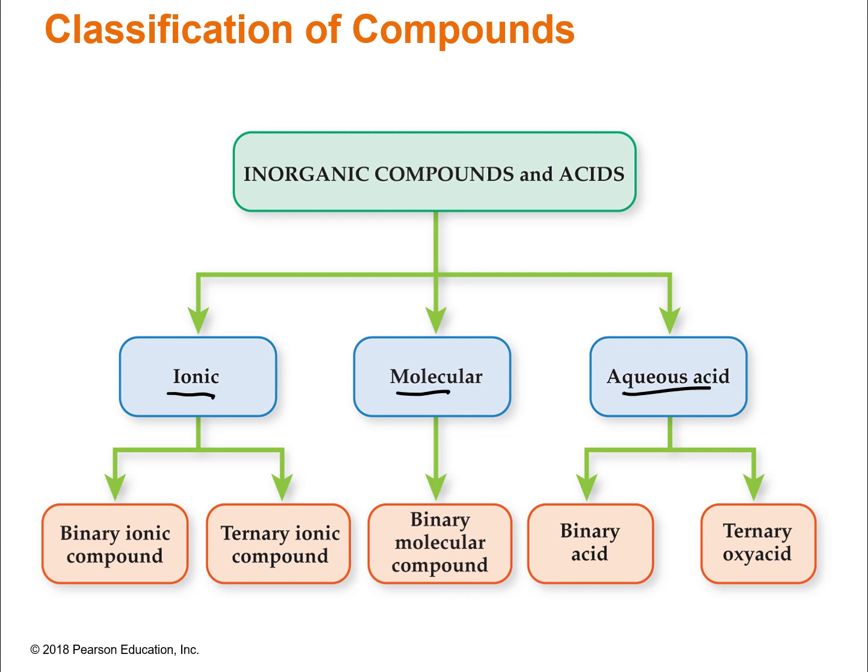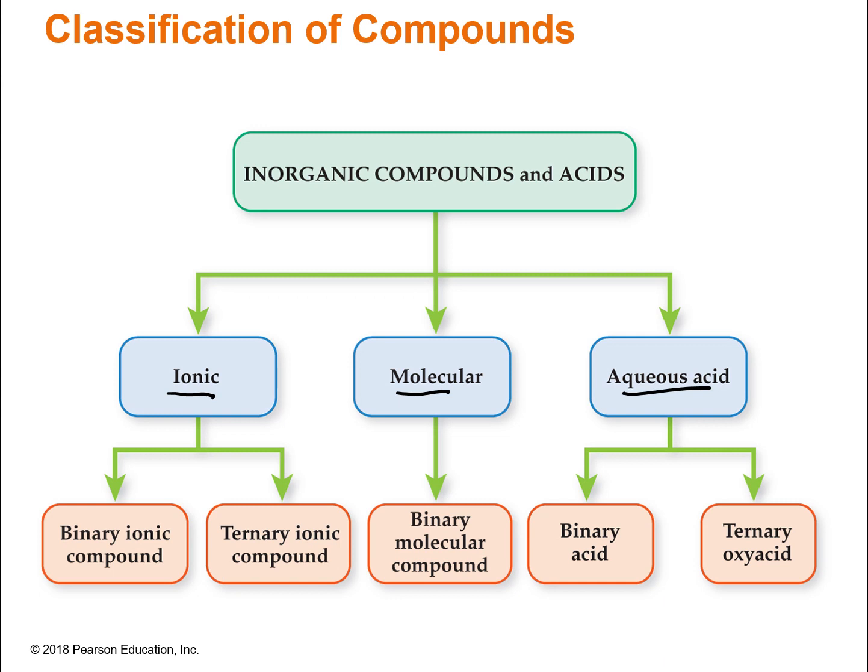Because if I had to write 3 or 4 words every time I was trying to talk about the classification of a compound, we'd be here all day. So make sure that you write down what these abbreviations mean so you can reference that as we're going along.